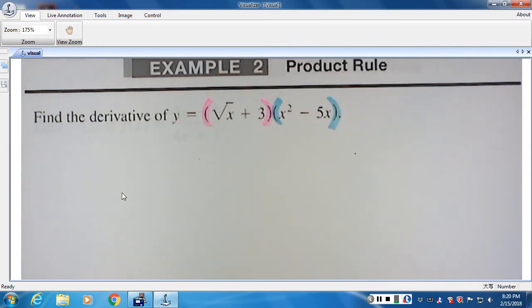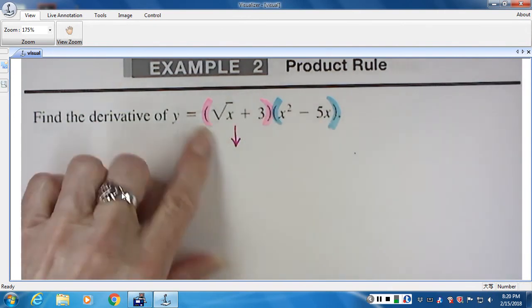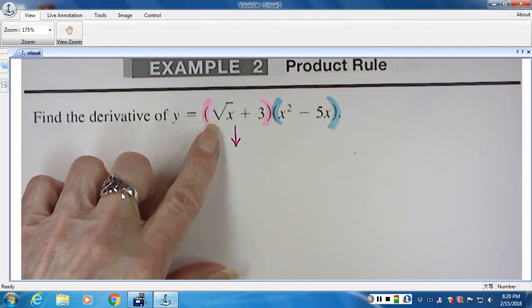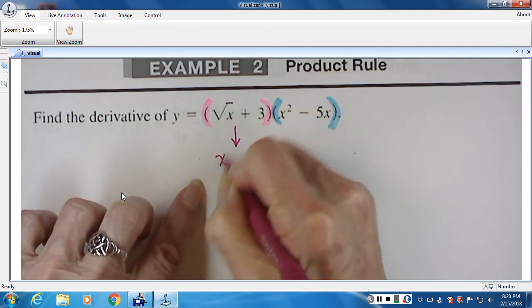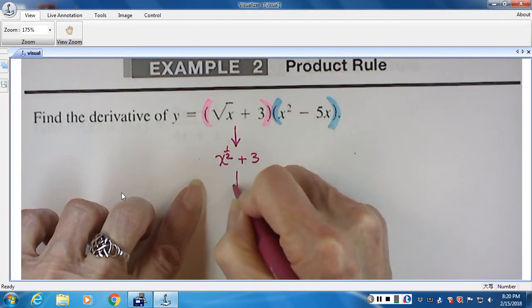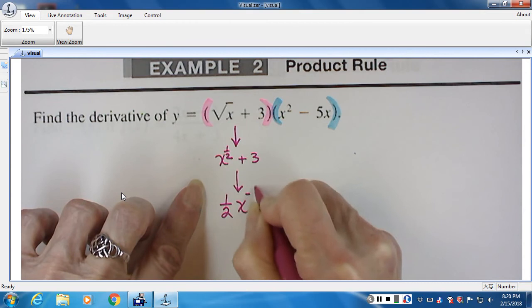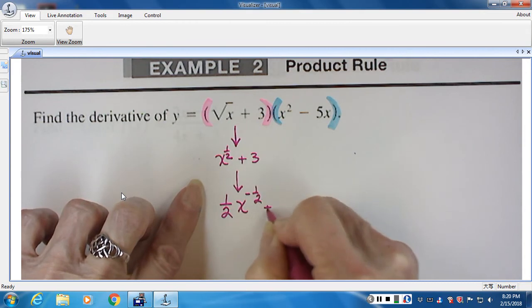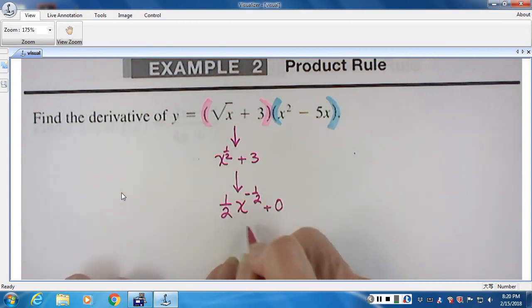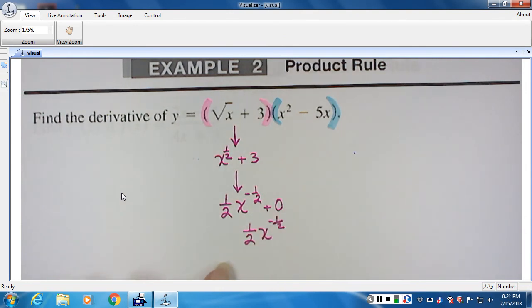So I take the derivative of each one of the factors. And I know here that I'm first going to have to convert x, that's the square root, into x to the 1/2 plus 3. And then that derivative is going to be 1/2 x to the minus 1/2 plus 0, which is going to be 1/2 x to the negative 1/2, or anything else you want to try to simplify it to.